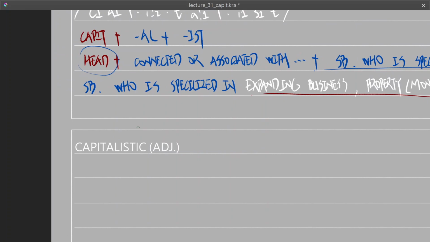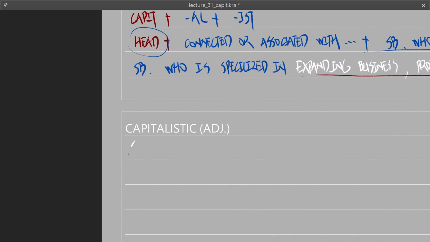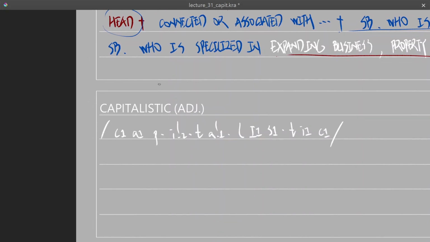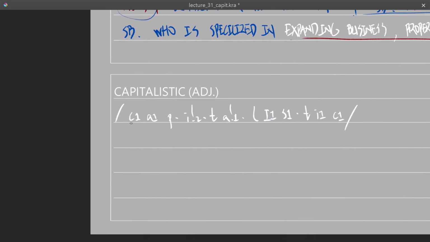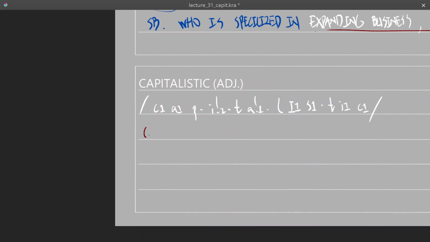Alright, and we have the next word, capitalistic. We have again the root CAPIT, meaning head.